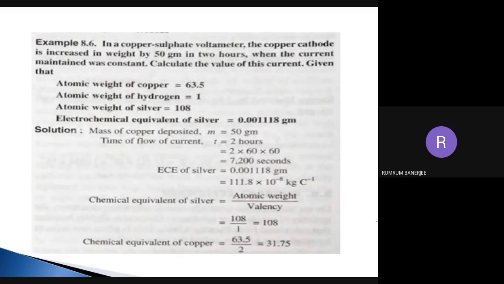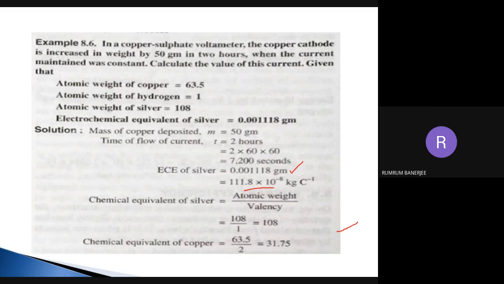Time of flow of current is 2 hours, that is 2 into 60 into 60, 7200 seconds. The electrochemical equivalent of silver is given in the problem, 0.001118, so we can write it as 111.8 into 10 to the power minus 8 kg per coulomb.